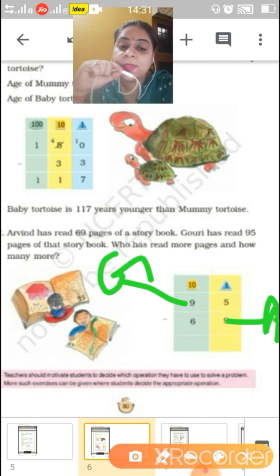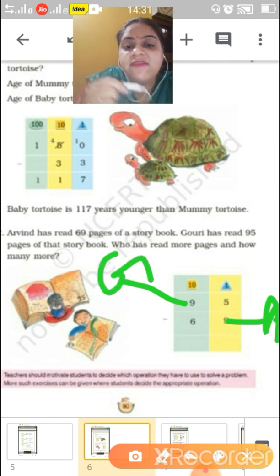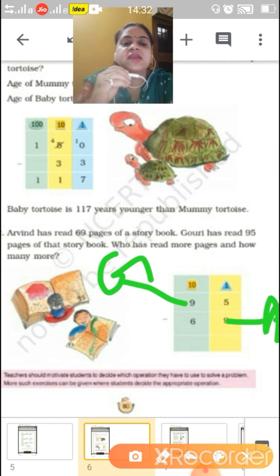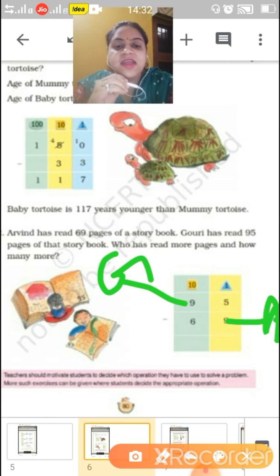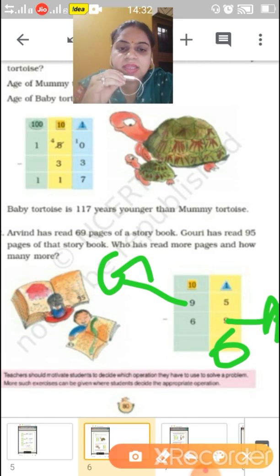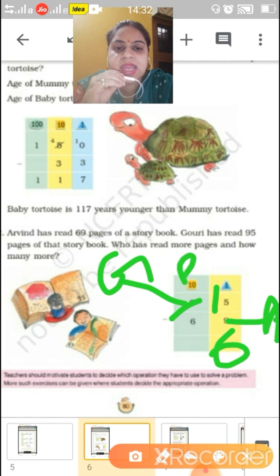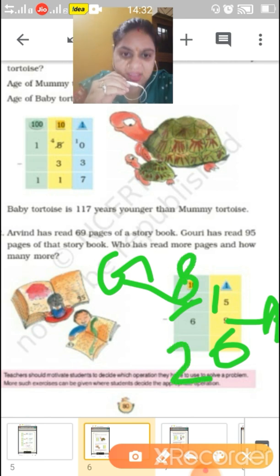Okay children. So 95 minus 69, what are we getting? 15 minus 9, that is 6. And because we have taken carry from 9, now it is 8. So 8 minus 6 is 2, so 26.